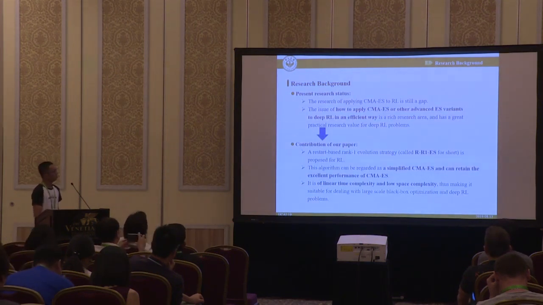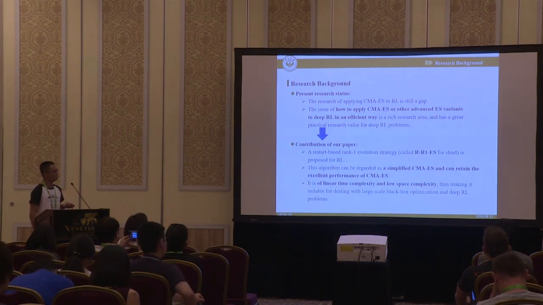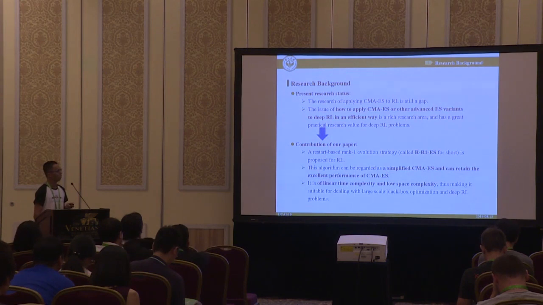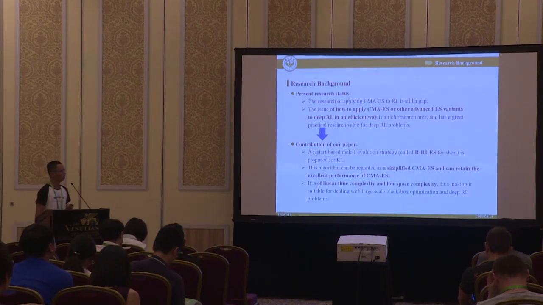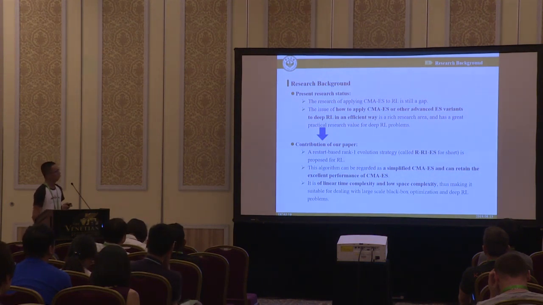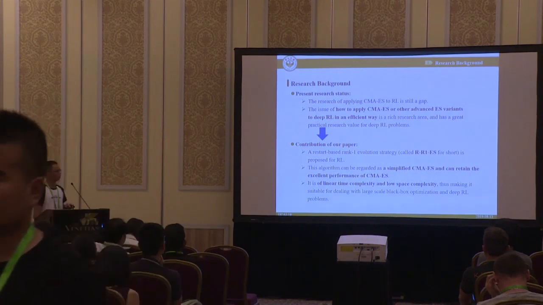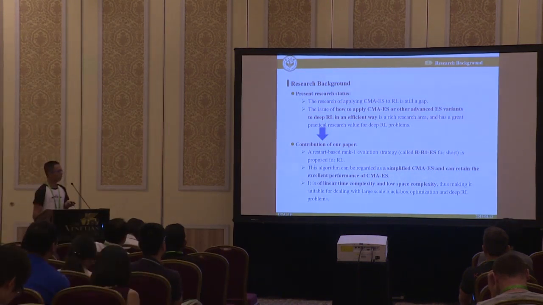So, the present research status is that the research of applying CMA-ES to reinforcement learning is still a gap. In fact, the issue of how to apply CMA-ES or other advanced ES varieties to deep reinforcement learning in an efficient way is a research area, and it has great practical value. Considering the present research status, our paper proposed a restart-based linear evolution strategy for reinforcement learning.